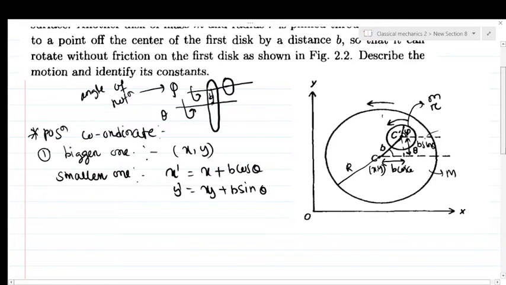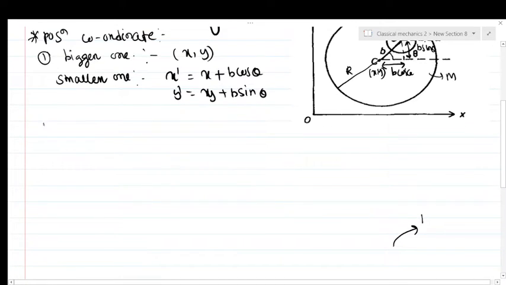From this you can find x prime dot is equal to x dot minus b theta dot sin theta, and y prime dot will be y dot plus b theta dot cos theta.